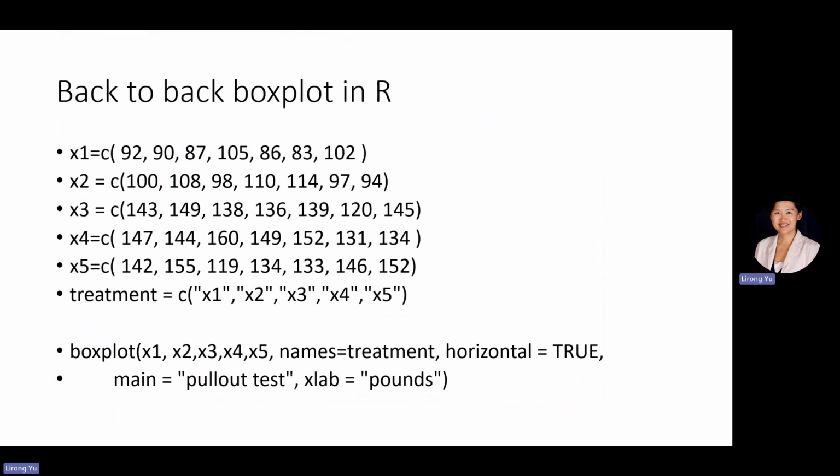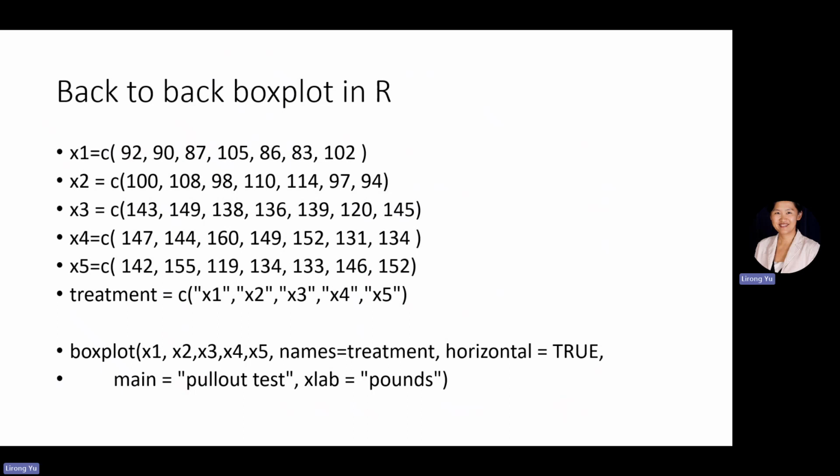The 7 numbers, x1, x2, x3, I put into vectors. And then I'm calling it names treatment. I'm using x1, x2, x3 as identified treatments. So I would draw the box plot, and the names for every data set are the treatments.